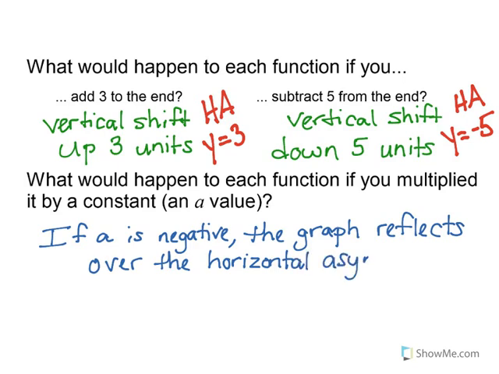Okay, and that's exactly what we saw in the second and fourth graphs that we drew. Okay, but what if it's a number other than 1? And this goes back to what we did when we were doing transformations with quadratic functions and linear functions and absolute value functions. So if the size of the number, if the absolute value of a is greater than 1, then the graph is going to be steeper.